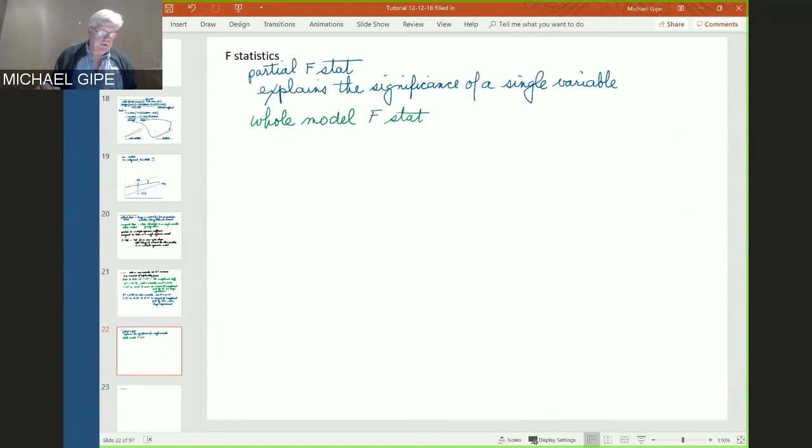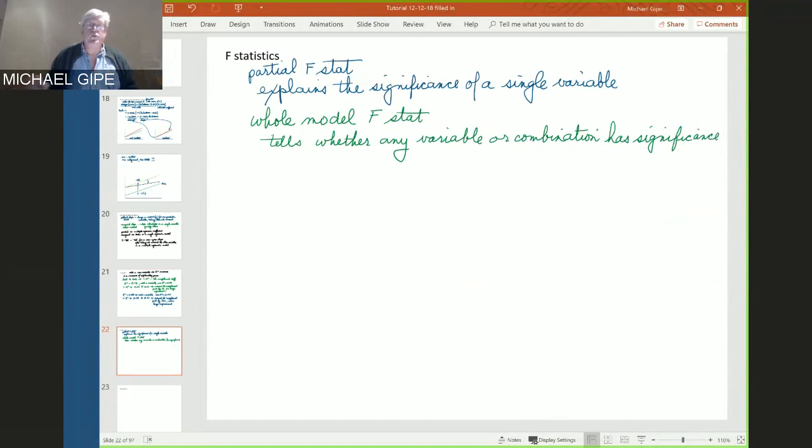And this is testing the significance of the entire model as a whole. Whether any variable or any combination has significance. So should we throw the whole model out or keep it?